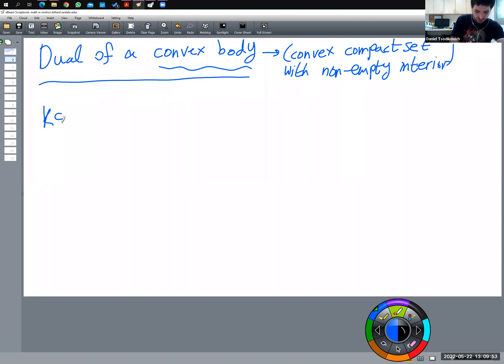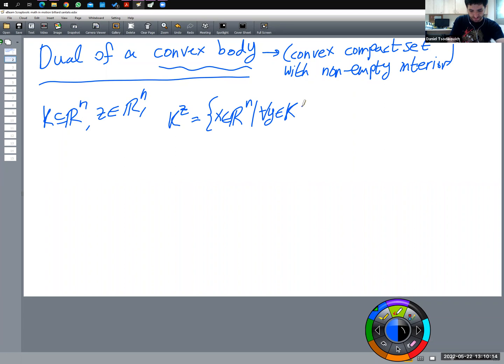Given a convex body K in Rn and some point Z in Rn, the dual of K with respect to Z is the set of all points X in Rn with the property that for all Y in K, the inner product of Y and X minus Z is at most one.